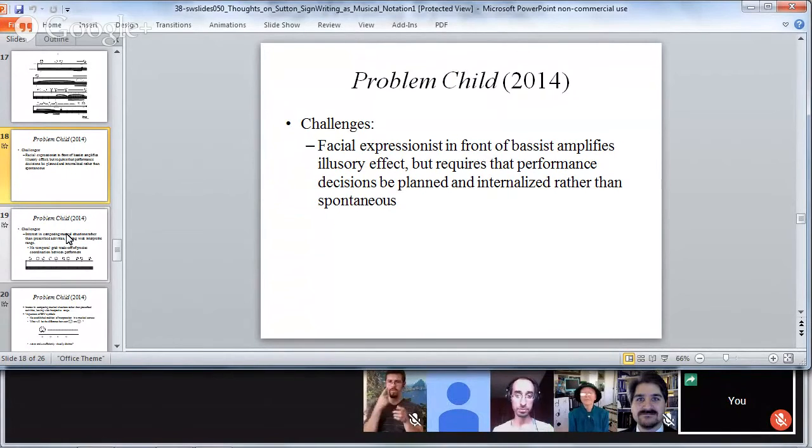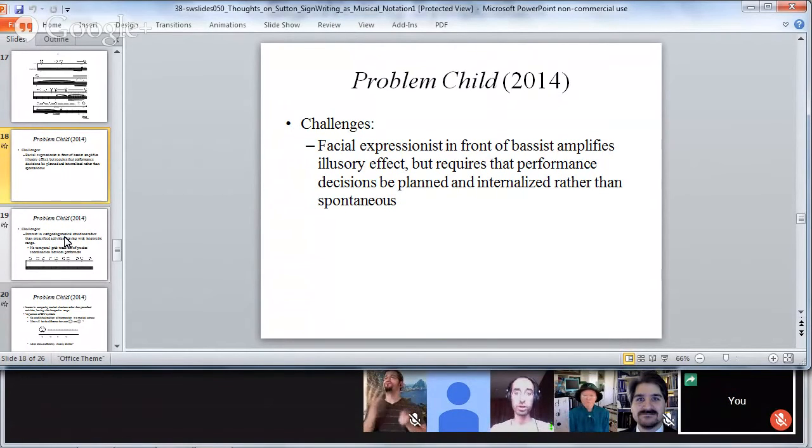And then, as I have in the slide, the facial expressionist is also positioned in front of the bass in order to amplify the illusory effect, but it means that all of the performance decisions have to be pre-planned and they have to know exactly what's going to happen, rather than allowing for a more spontaneous interpretation in the performance itself.